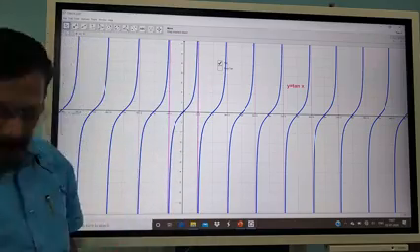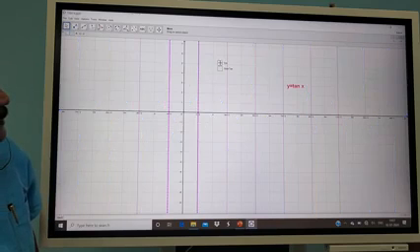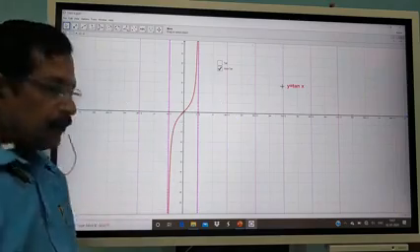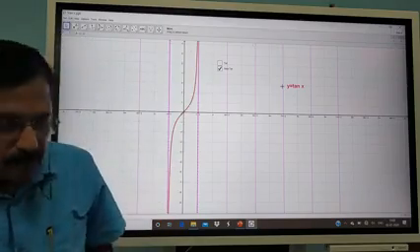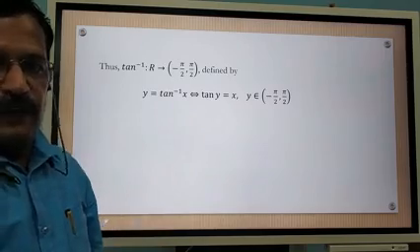Okay, so I have restricted the tangent function in this way, minus pi by 2 to pi by 2. Hence, it is invertible. Now, how to define tan inverse?